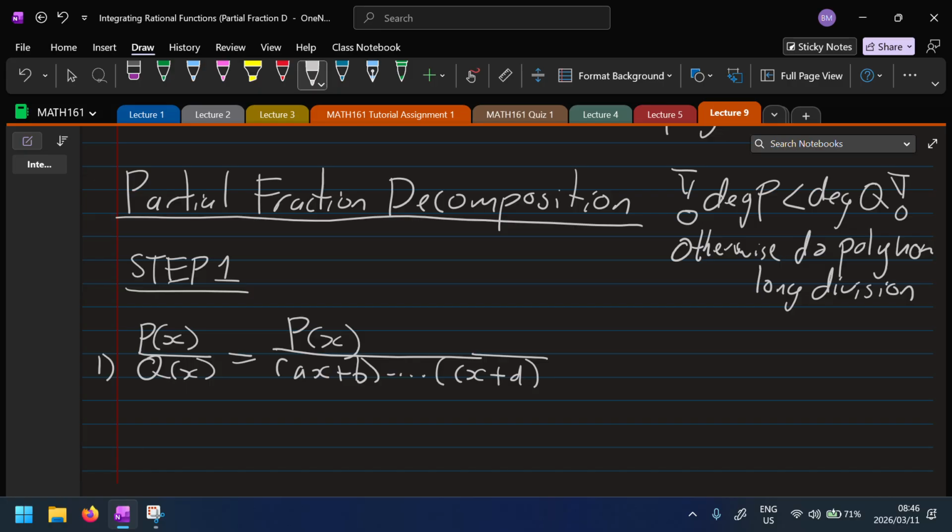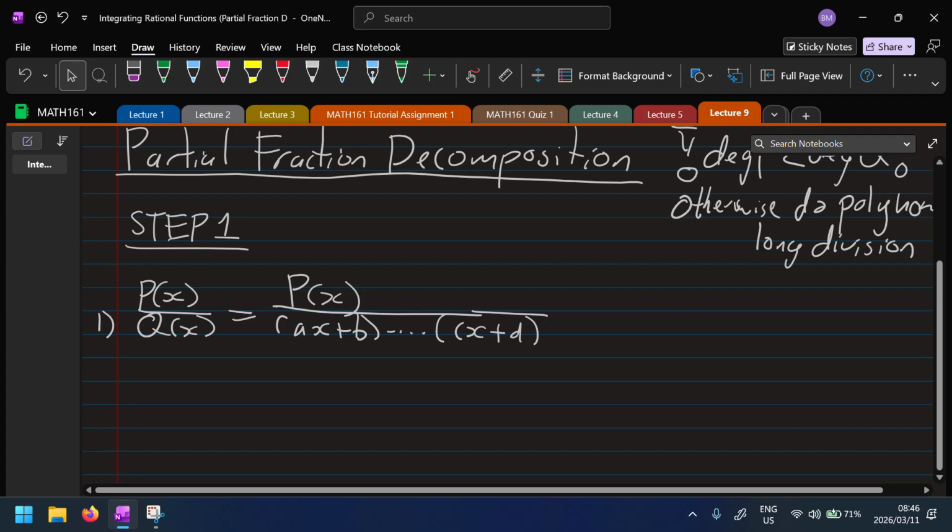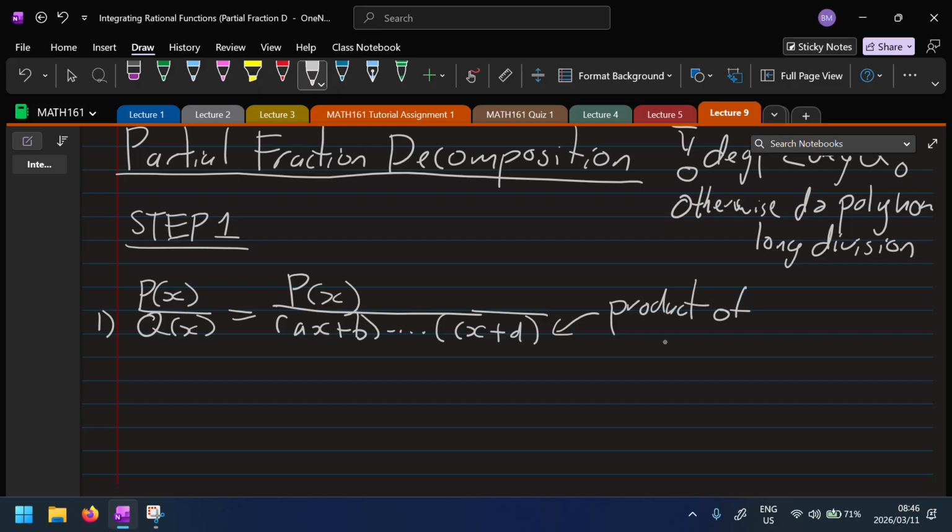If it's cubic, you have 3, and so on. So in case 1, the bottom part is a product of linear terms.